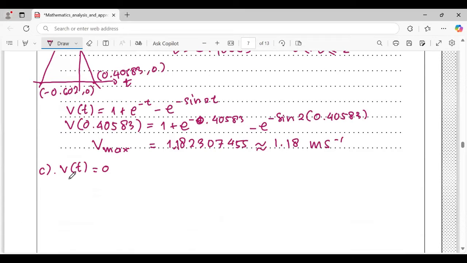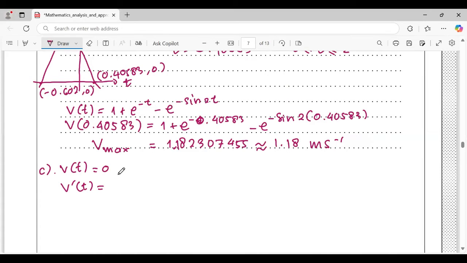So we are going to find the derivative first.